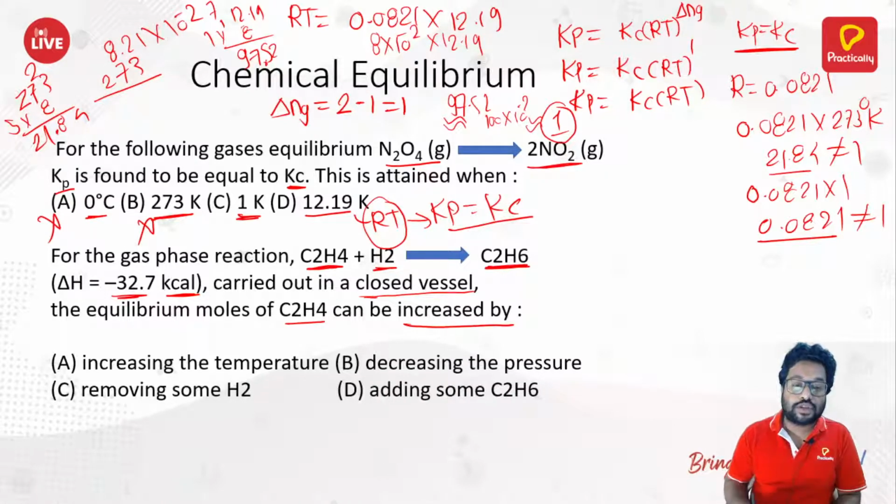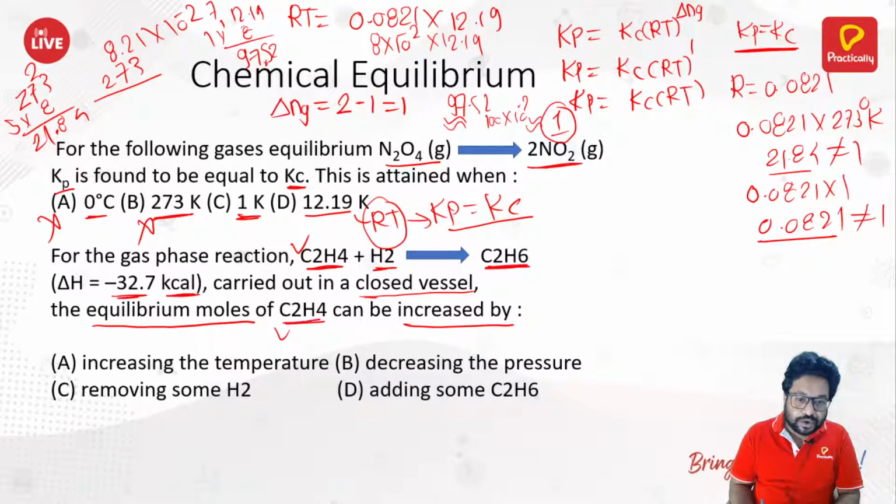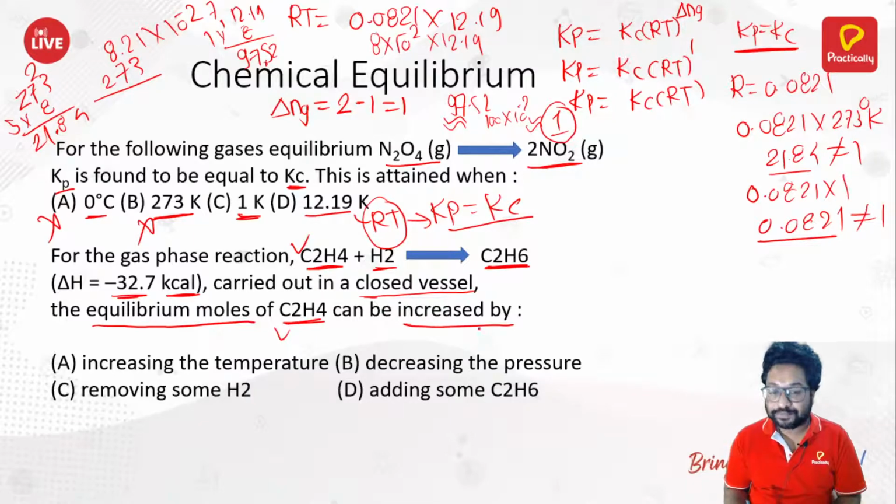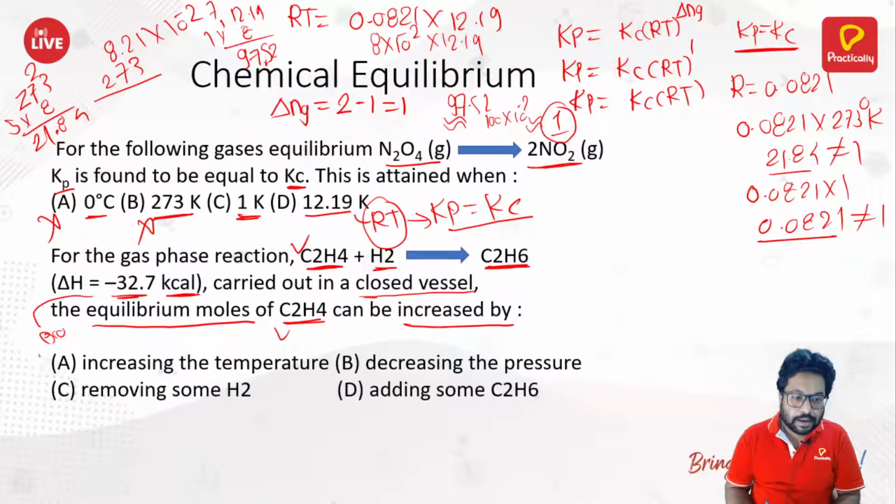The equilibrium moles of C2H4, that means they are asking about the reverse direction. You can see here the equilibrium moles of C2H4 can be increased by. If you look at the forward reaction, it is exothermic, but they are asking us about the reverse direction.